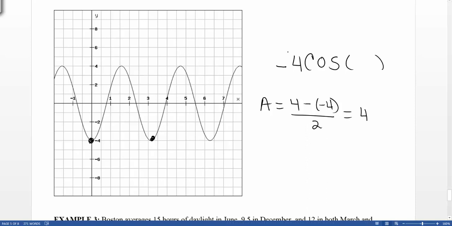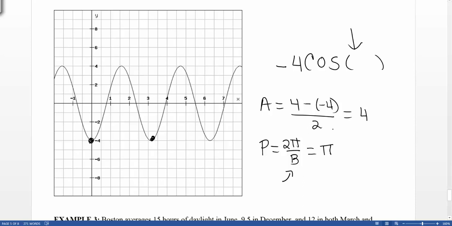Now, on this one, remember that our formula for the period is 2 pi over b, and b is what we normally plug into our function. Looking at this graph, I'm pretty confident that my period is pi because it ends a little bit past 3.